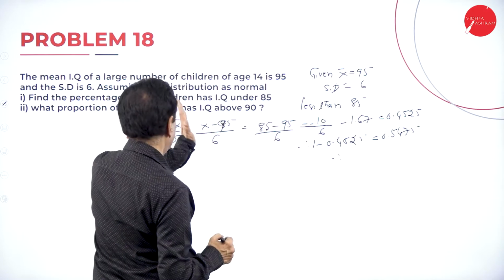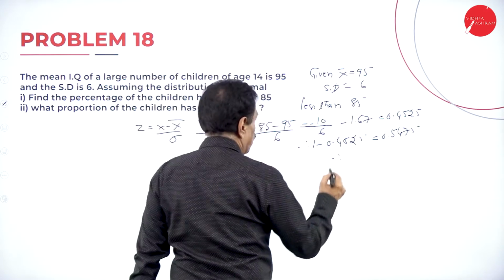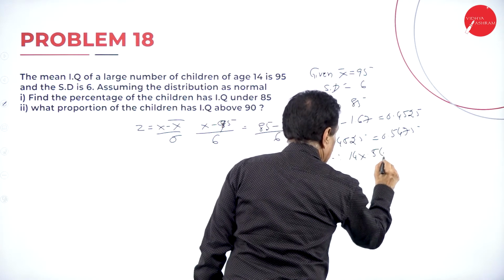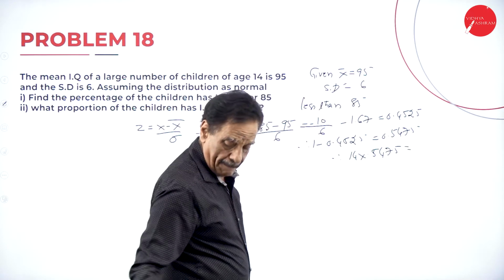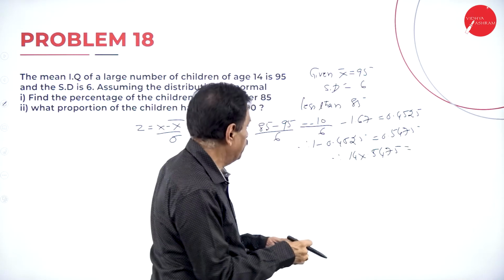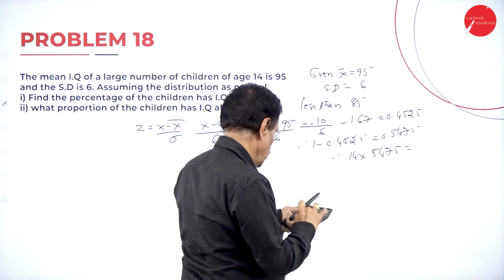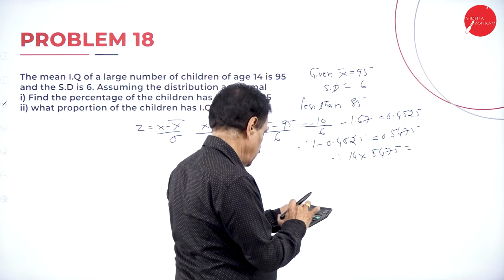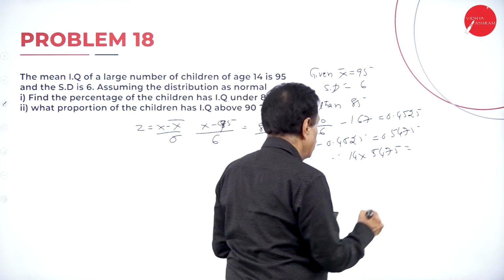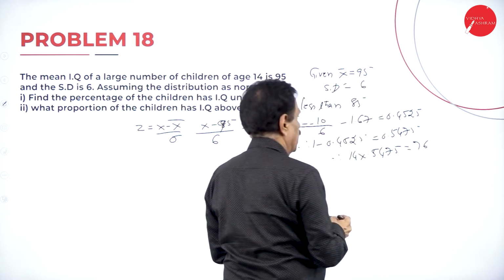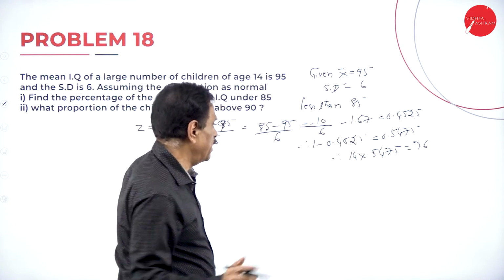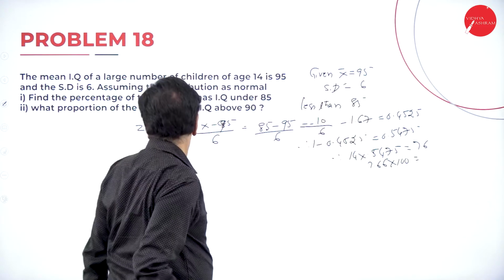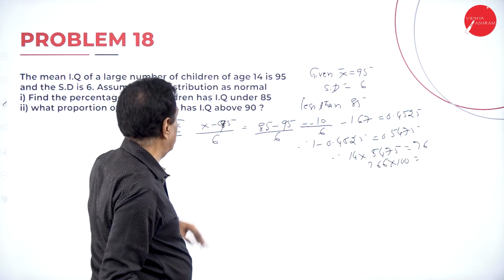Find the percentage of children who have IQ under 85.